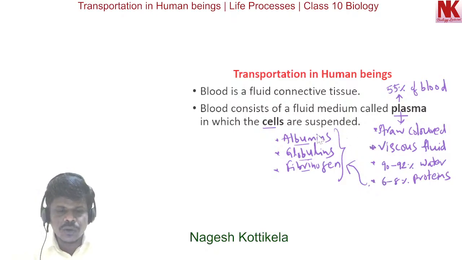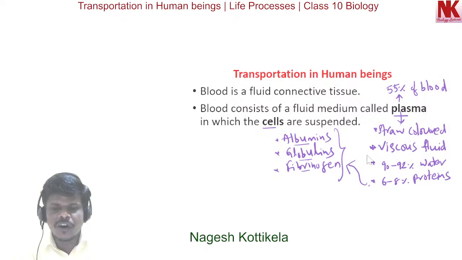Not only this, we also find certain salts inside this plasma: sodium, potassium, bicarbonate, chloride, calcium, all these ions are present in plasma.